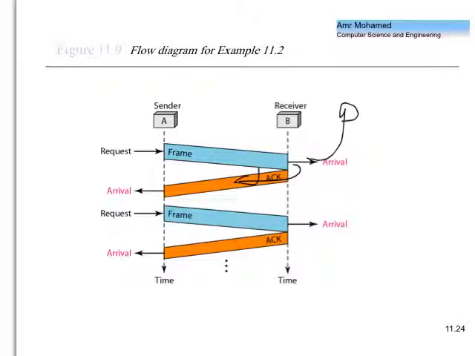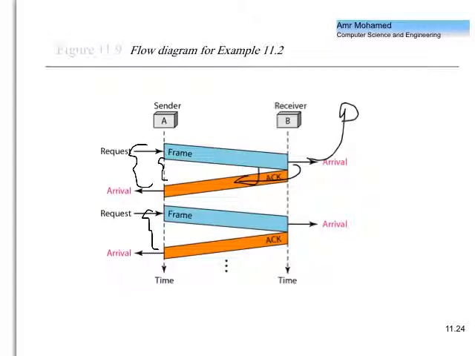And remember that during this time, I'm not doing anything, right? During this time, I'm not doing anything, which means that this whole gap, I'm not using the channel for anything. I'm just sending the frame and waiting for the acknowledgement to arrive. And I'm not sending anything in this gap.